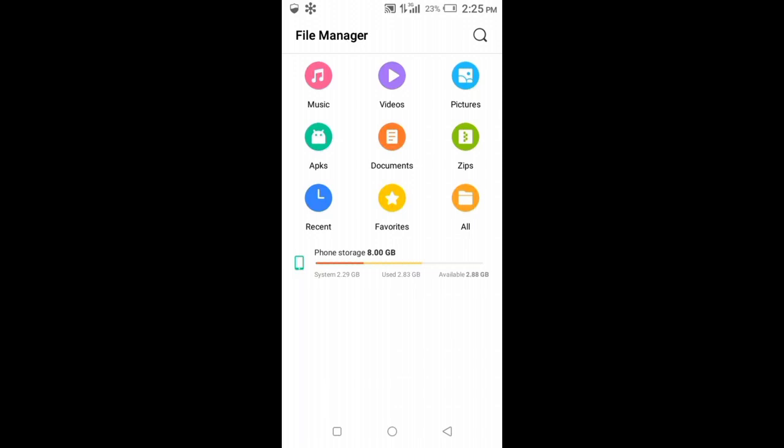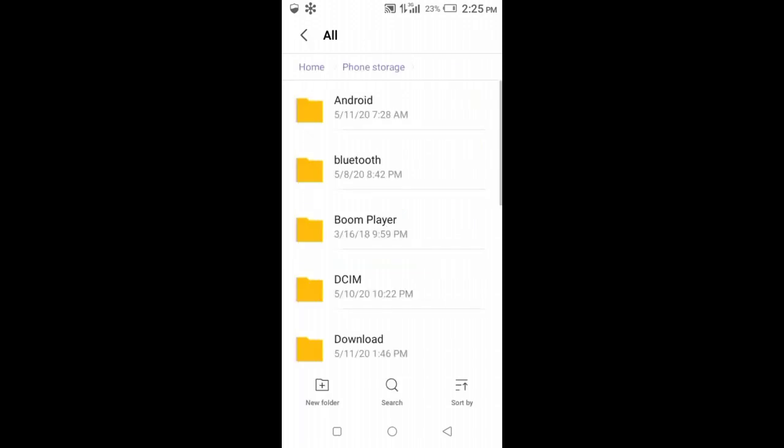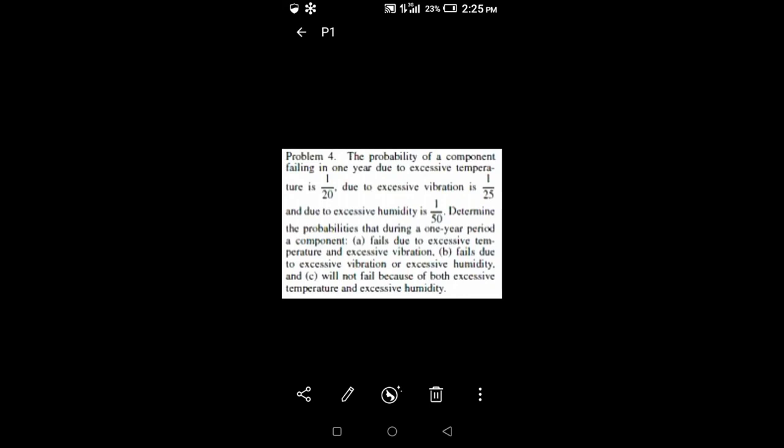So the question says, the probability of a component failing in 1 year due to excessive temperature is 1/20. Due to excessive vibration is 1/25. And due to excessive humidity is 1/50.